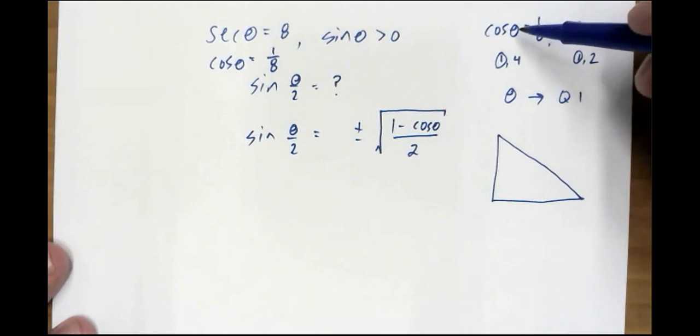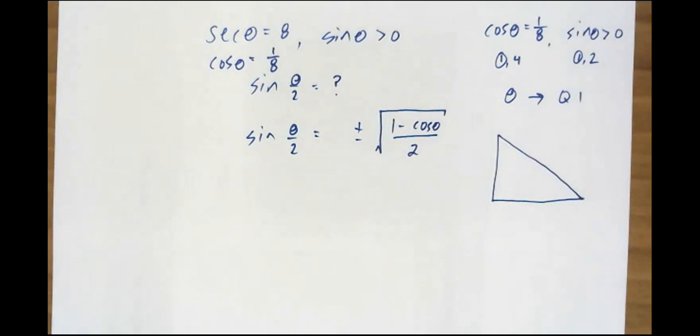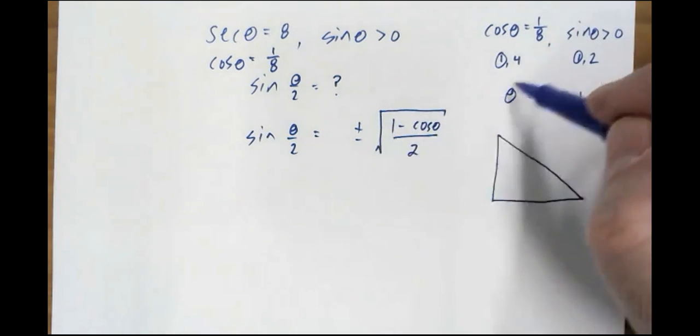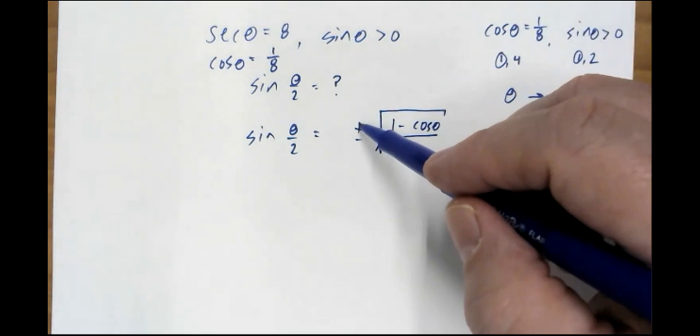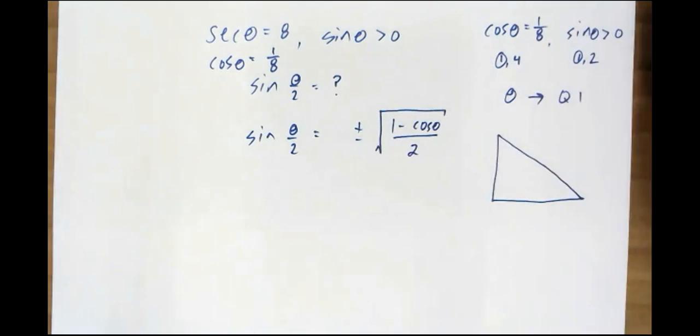So in a minute, I'm going to plug in 1/8 in here for cosine of theta and then do this calculation. But before I do that calculation, I want to see whether the sine of this half angle should be a positive or negative number.